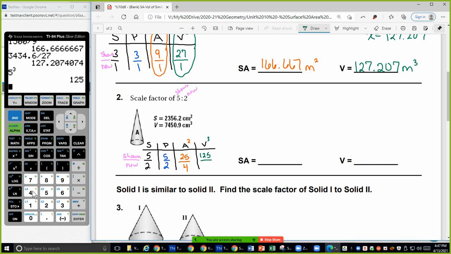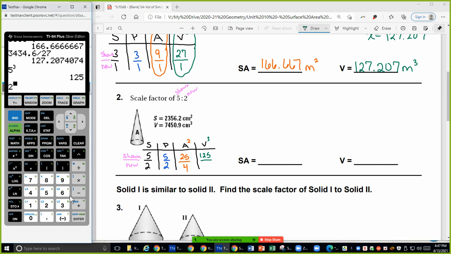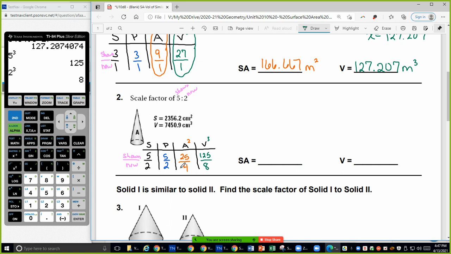And 2 to the third power, we always come back to our scale factor, 5 to the third power, 2 to the third power. It's real common if you're trying to do this in your head to go, oh, 2 times 3 is 6, but it's not, it's 8, right? Because it's 2 times 2 times 2. So 2 times 2 is 4, times another 2 is 8.